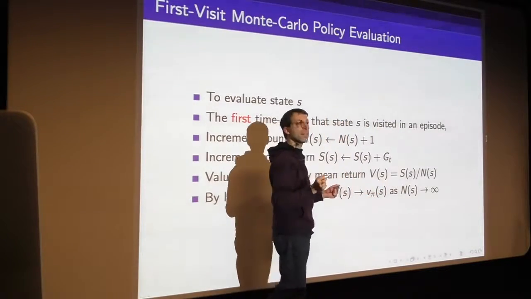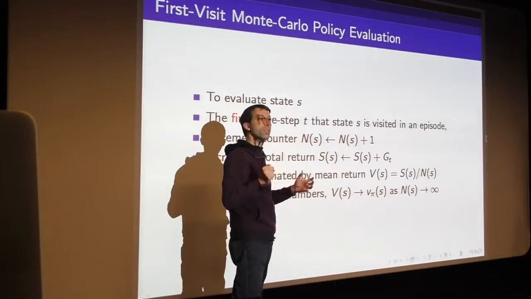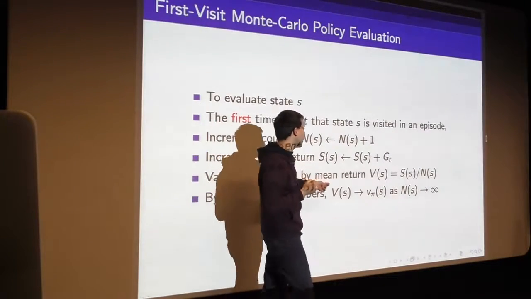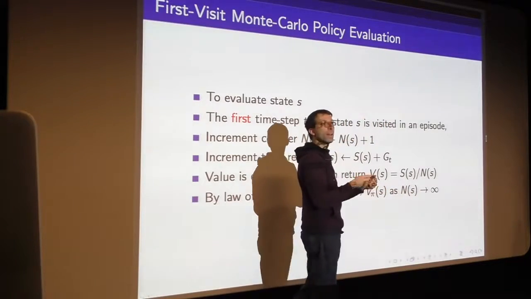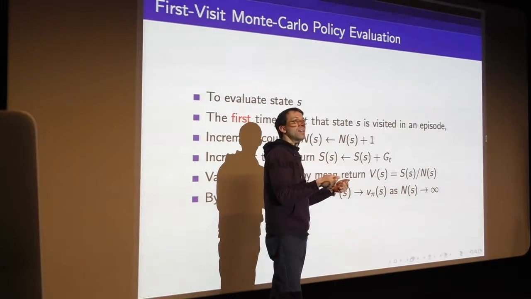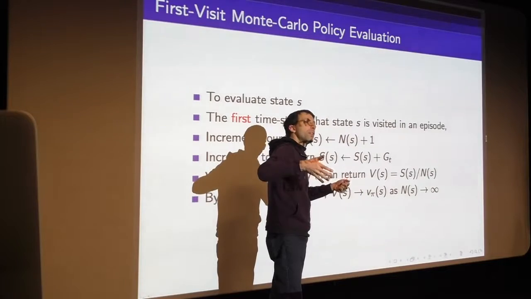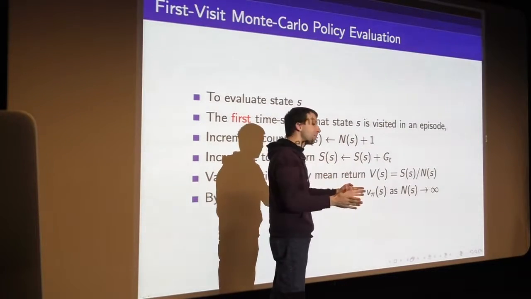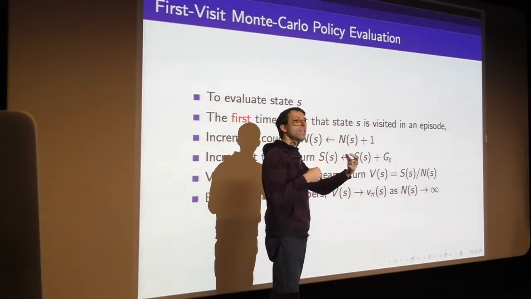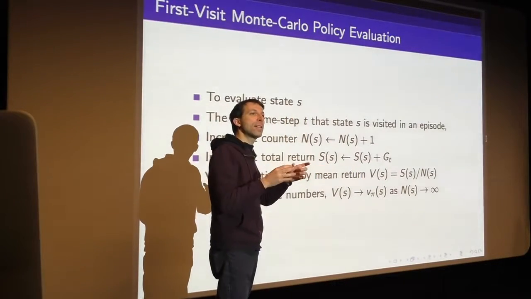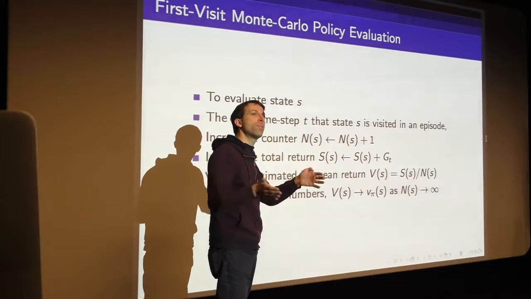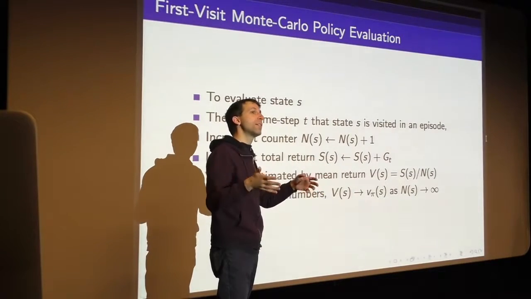We basically know that you normally get some normal distribution, and the error reduces with a variance of roughly 1 over n. So the number of visits you need to any individual state is such that the error you get has a variance which reduces with 1 over n, which is completely independent of the size of the state space.